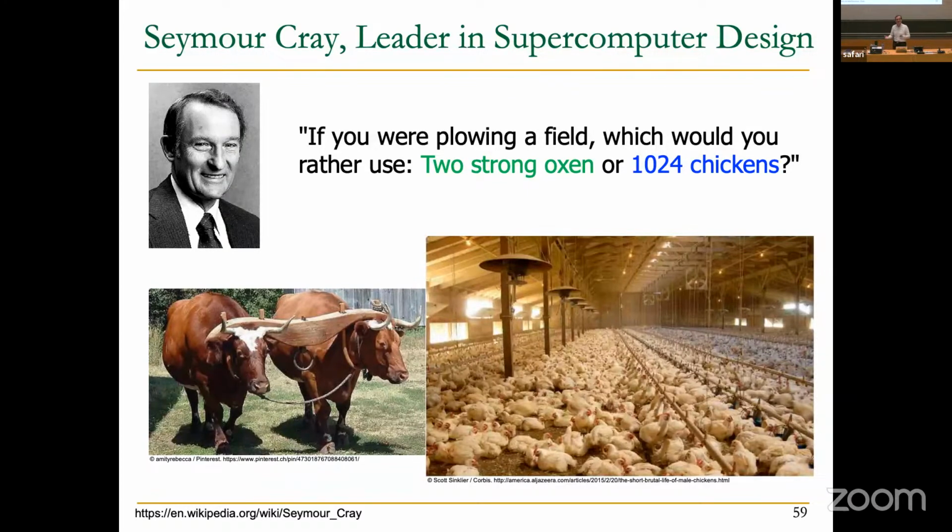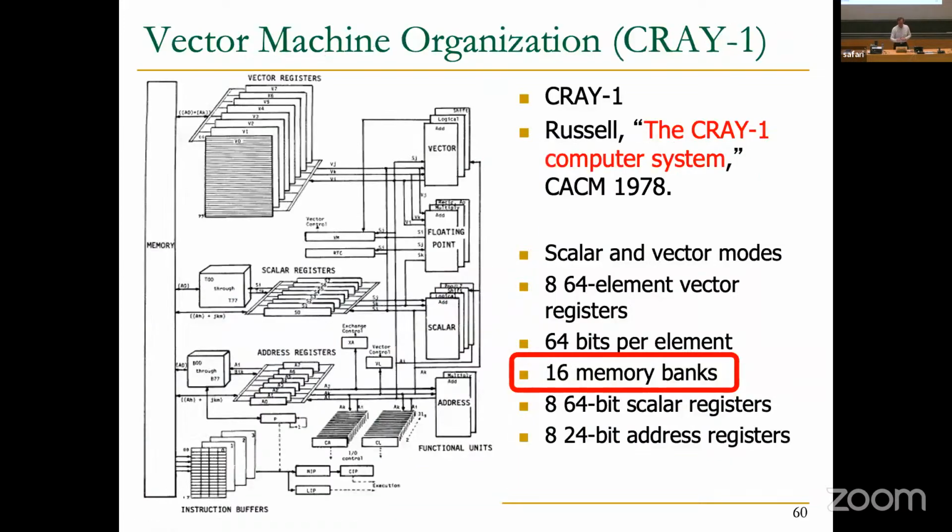So it's good to think about this picture when you have a problem at hand, right? What kind of processor do you use? Vector processors try to do this, and heavy out-of-order superscalar processors may be trying to do this, right? Anyway. But Seymour Cray was a smart person, or the designers of early supercomputers were smart people, so they actually designed both. They wanted to have both chickens as well as the strong oxen.